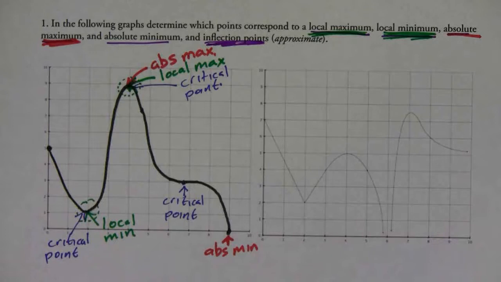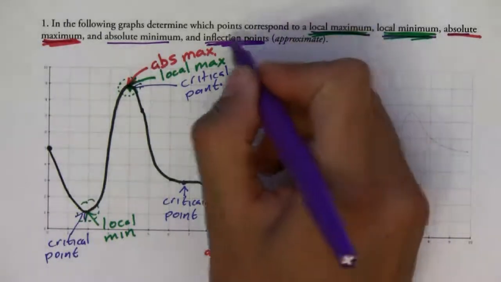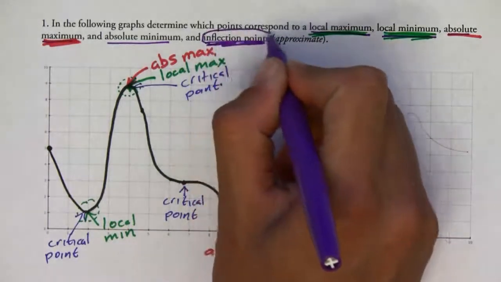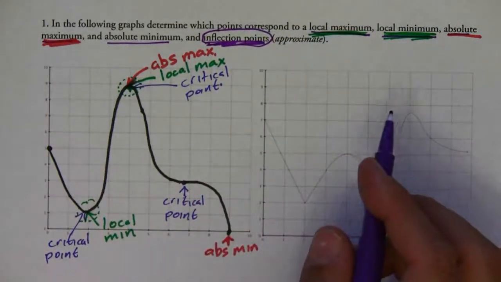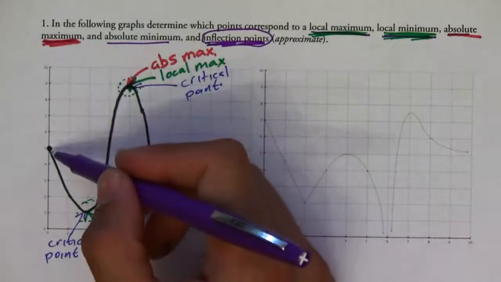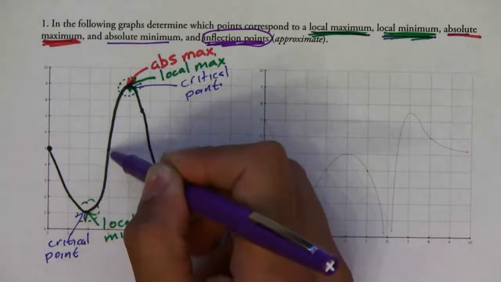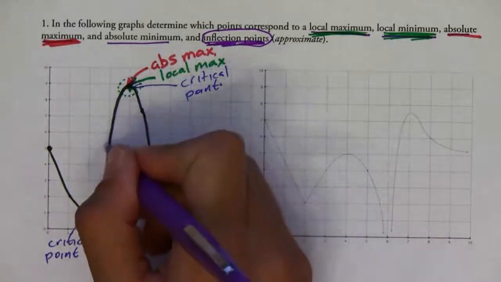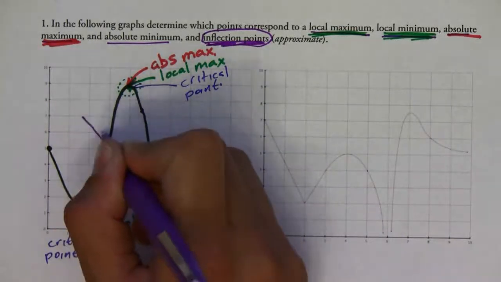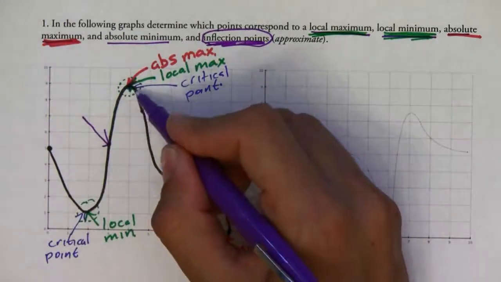Now the inflection points. Remember, the inflection points are where the graph changes concavity. If you take a look at this graph, right here it's concave up, but then somewhere around this general area, the graph starts becoming concave down.